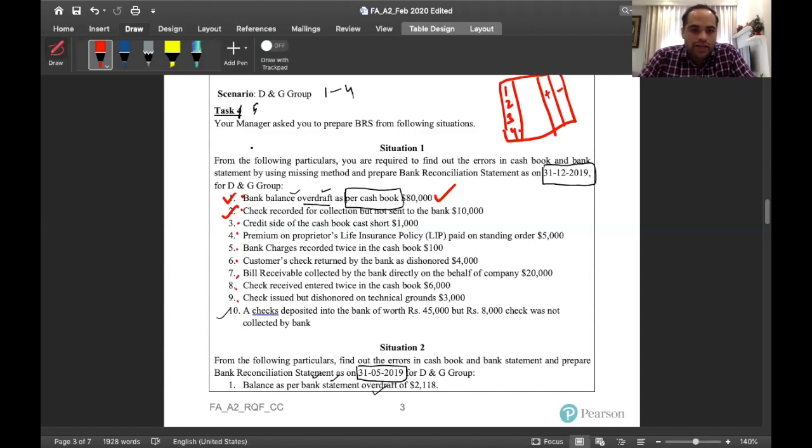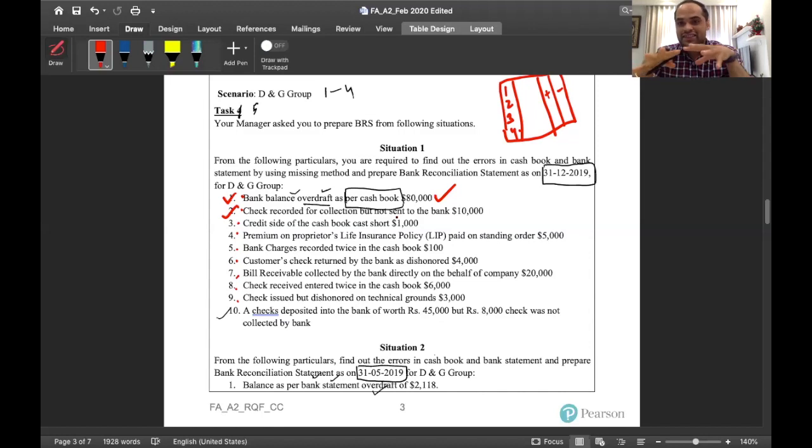Transaction 2: check recorded for collection but not sent to the bank. What do you think? I'm not going to tell you right now whether it is negative or positive.